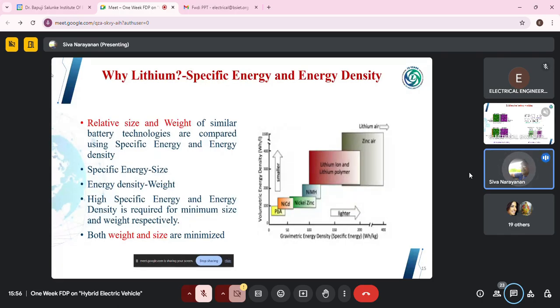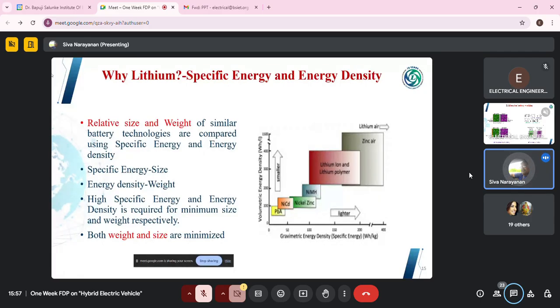So what is the meaning of this? Suppose you have 10 ml of petrol and 10 ml of kerosene. Obviously we know that 10 ml of petrol will give higher energy when compared with 10 ml of kerosene. This is what is given by specific energy.